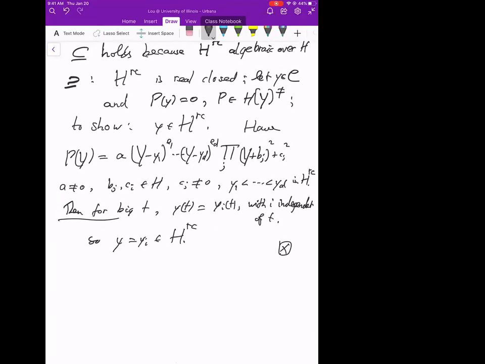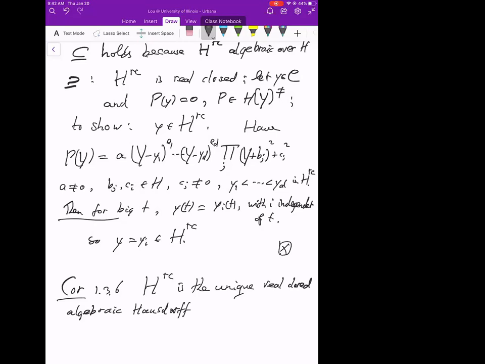Okay, let me state a corollary here. Corollary 1.3.6: HRC is the unique real closed algebraic Hausdorff field extension of H. There is no other one.